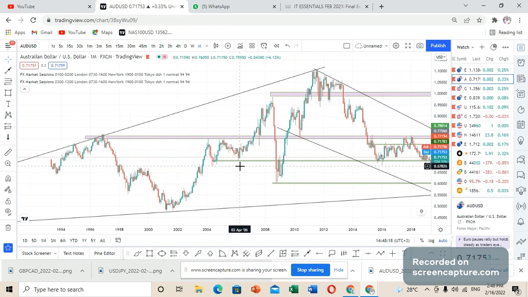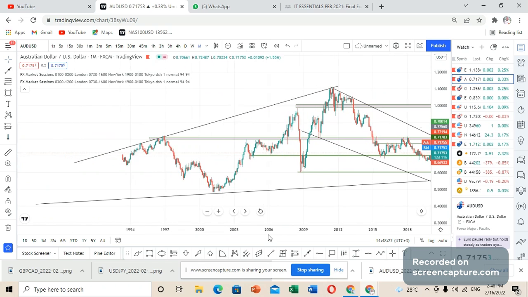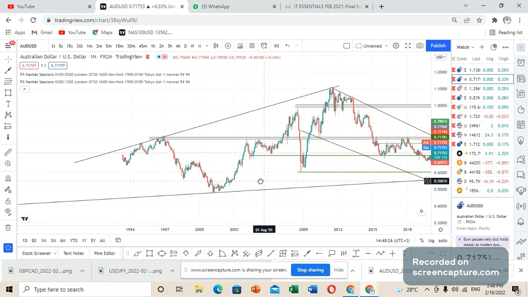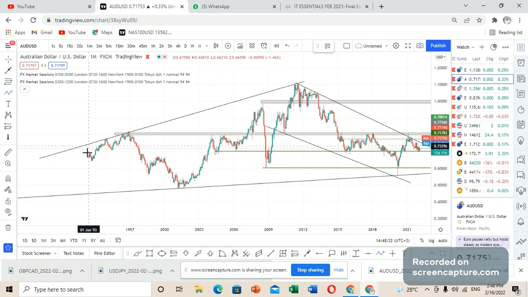You can see that we have got a general upward movement, where we had our first touch in this area. Let me start from this point here.